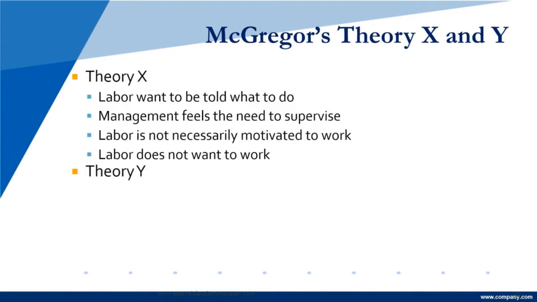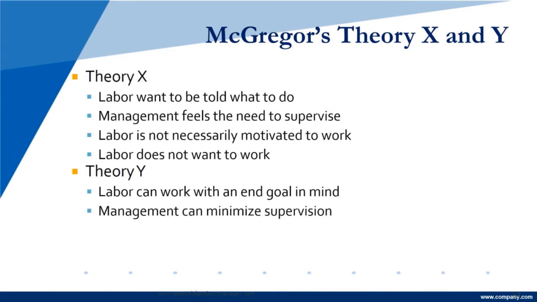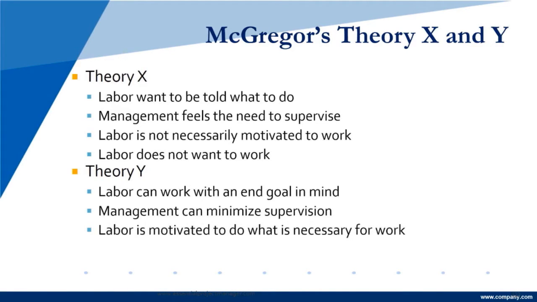Then there's McGregor's Theory Y. Labor can work with an end goal in mind. Management can minimize supervision. Labor is motivated to do what is necessary to work, and labor wants to work and enjoys it. So these are counterpoint arguments.